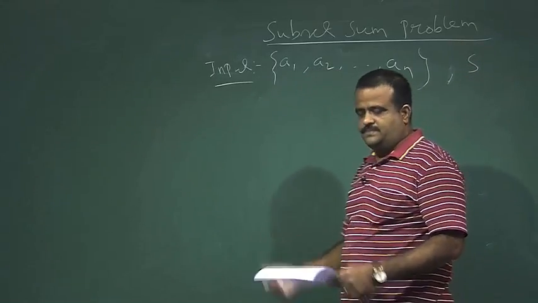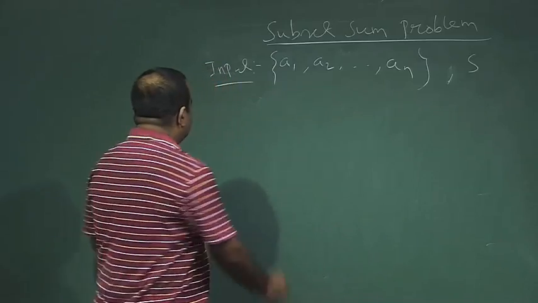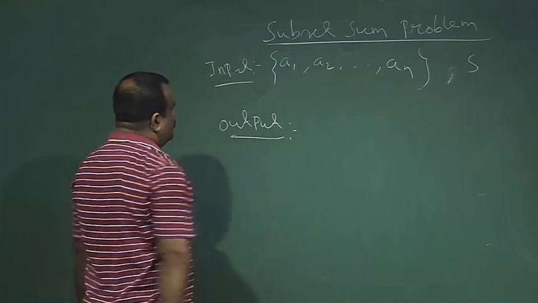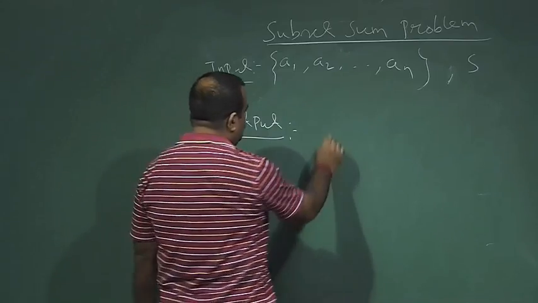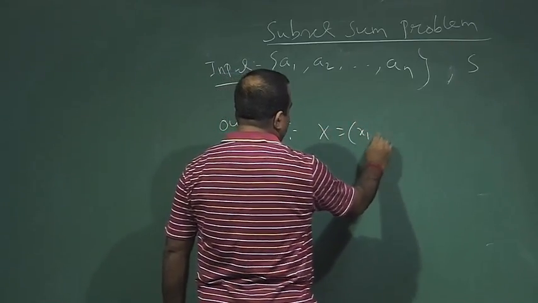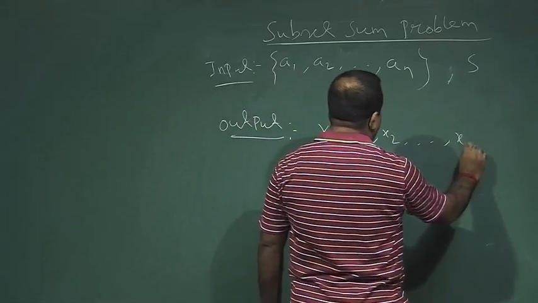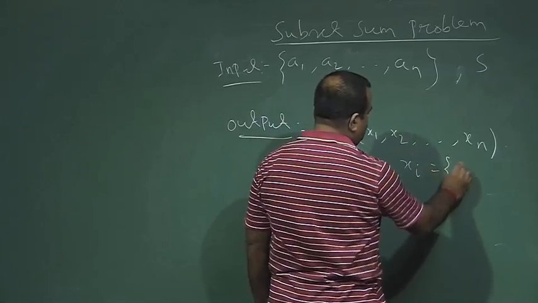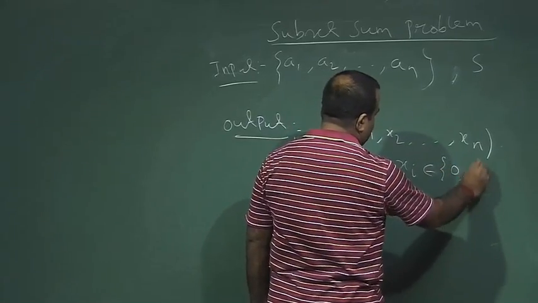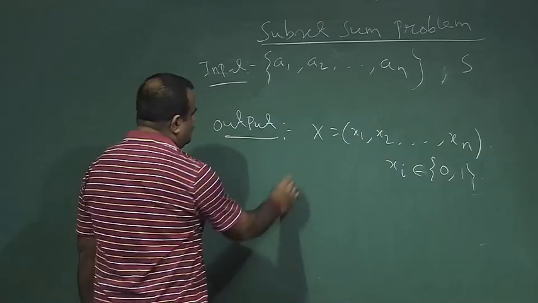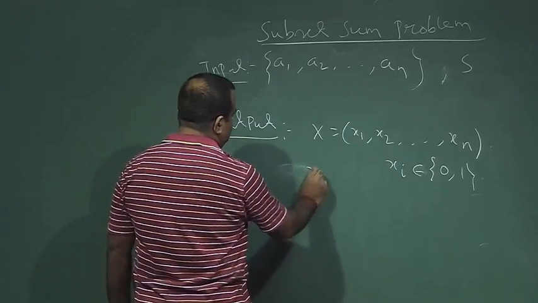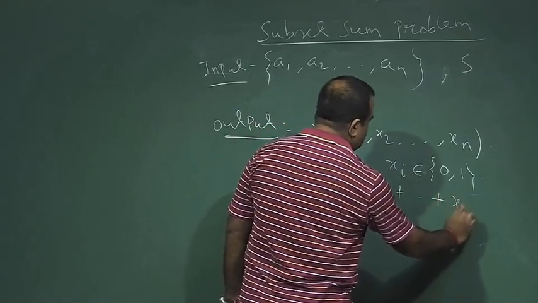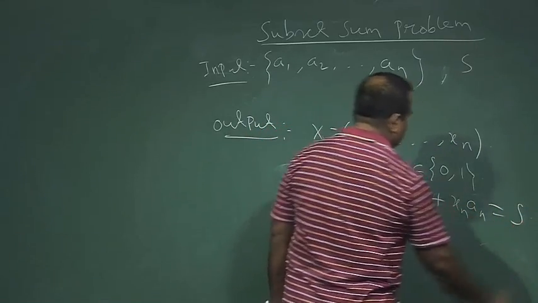Now we have to find a subset. The output will be a 0-1 vector x1, x2, up to xn, such that all xi's are 0 or 1, such that the summation x1 a1 plus x2 a2 up to xn an is S.